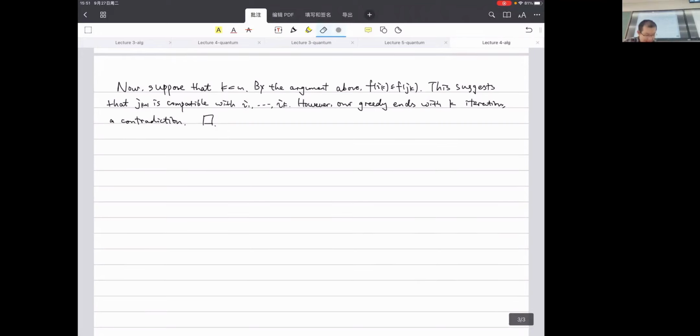Then of course, the next thing is the time cost: how efficiently this algorithm for interval scheduling can be implemented.